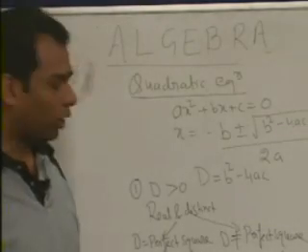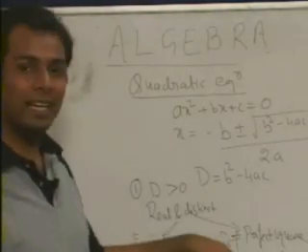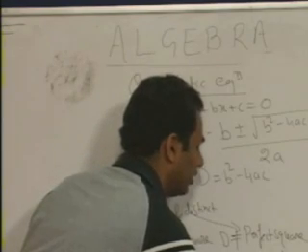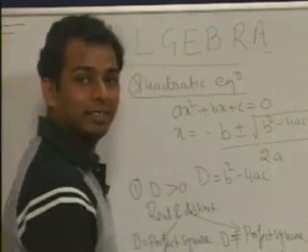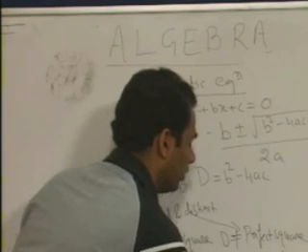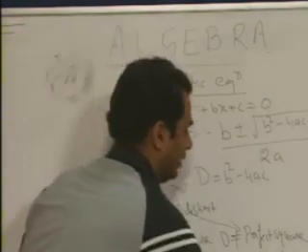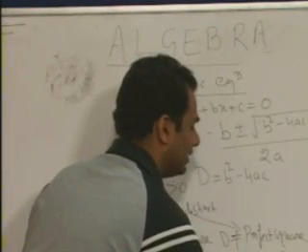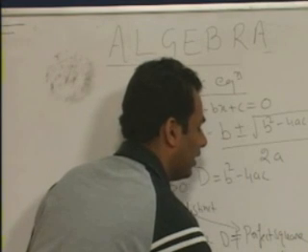Always remember that if the roots are irrational, if one of the roots is a plus root b, the other is a minus root b, provided a, b and c are rational.